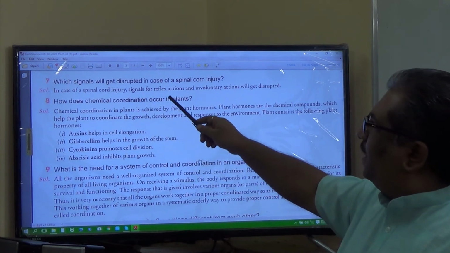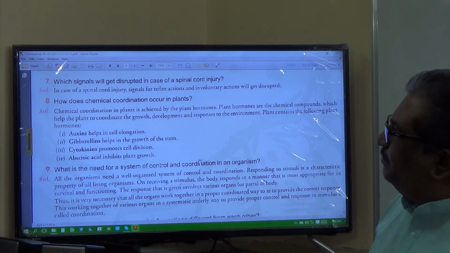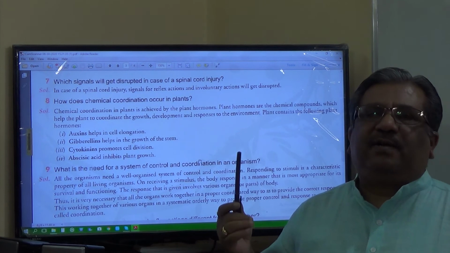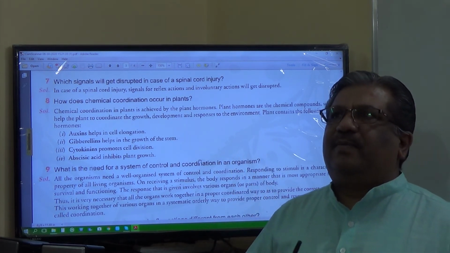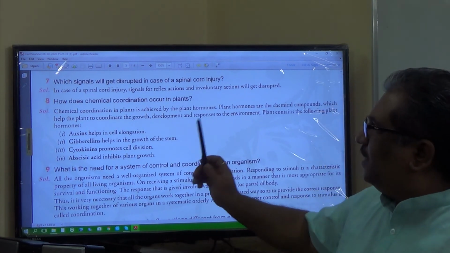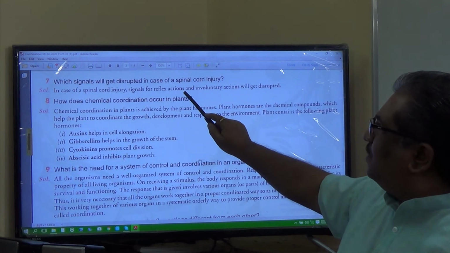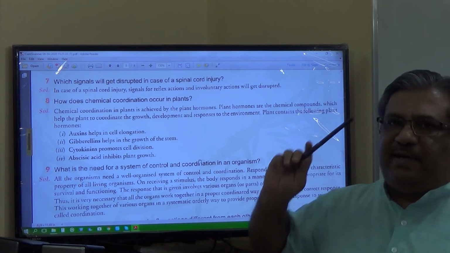Which signals will get disrupted in case of spinal cord injury? The spinal cord is the main control center for reflex action. Very important. In case of spinal cord injury, signals for reflex actions and also involuntary actions will get disrupted.